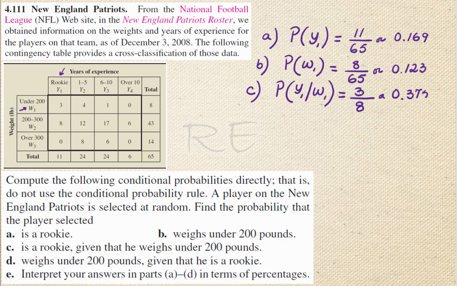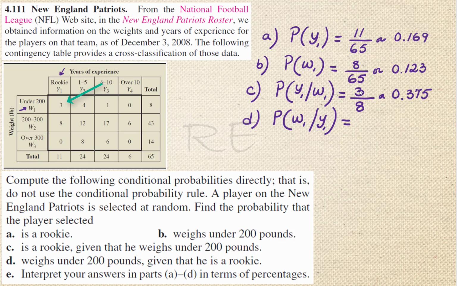And the result is 0.375. D, P of W1, the player weight under 200, given that the player is a rookie, Y1.